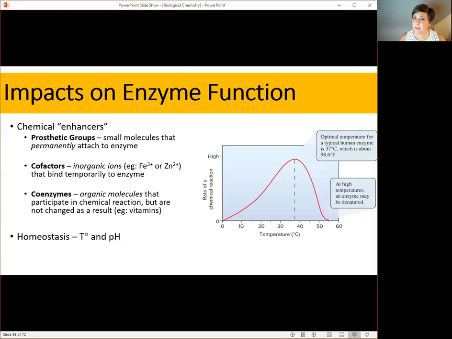And this is primarily due to the fact that enzymes denature outside of this range. So it's important to note that enzymes function optimally in homeostatic set points. So again, this emphasizes the importance of homeostasis. In humans, as far as temperature regulation goes, this means that your enzymes would function optimally at 98.7 degrees Fahrenheit.